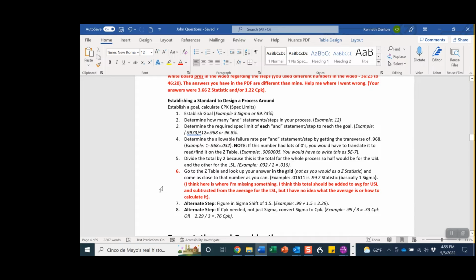Go to the Z table and look up your answer in the grid. And so you look up 0.016 in the Z table in the main body. So I'm going to do that right now. Make sure that my 0.99 Z statistic is the right answer.